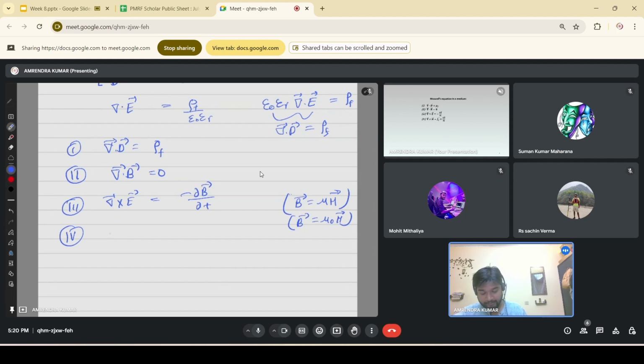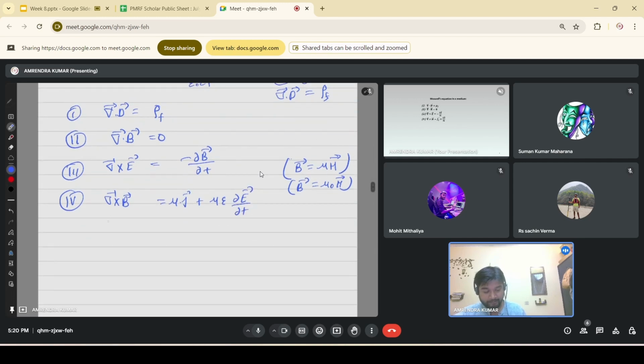Now we remember del cross B is equal to mu j plus mu epsilon del E over del t. But we know that B is proportional to h. From here we can write J free, the free charge current density, plus mu epsilon del E over del t.